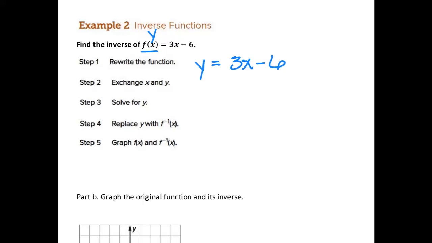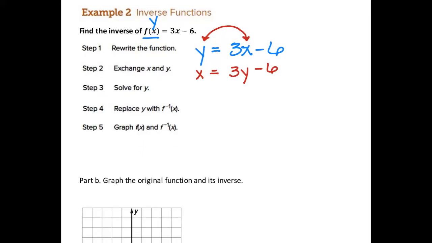That's how we rewrite it. Okay? Step 2, we are going to exchange or swap the x and the y. So your new equation is going to say x equals 3 times y minus 6.